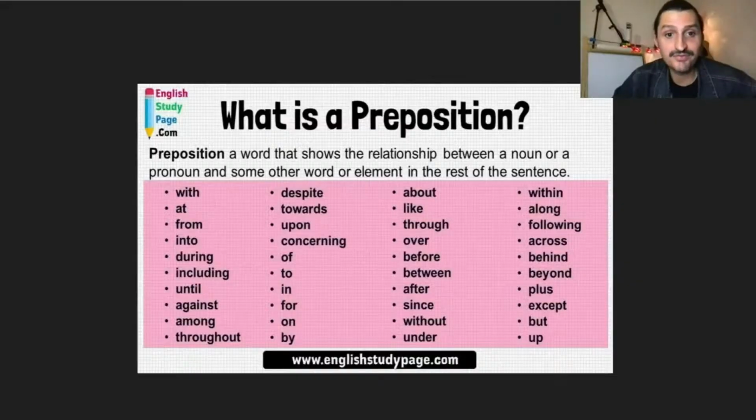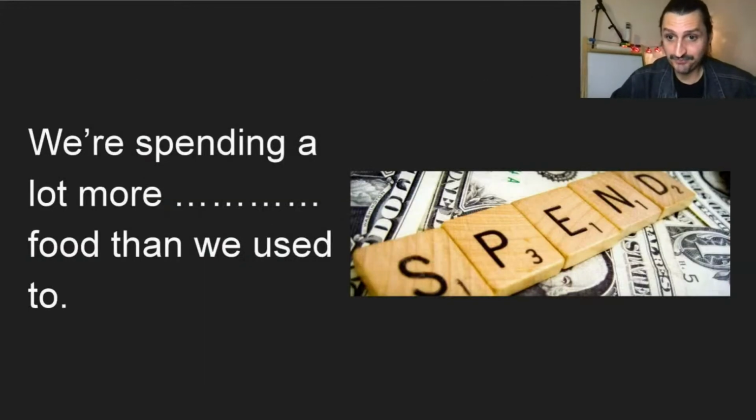A preposition is a short word, normally a small word, that connects nouns, pronouns. So here, for example, we have with, at, from, into, during. These are prepositions.